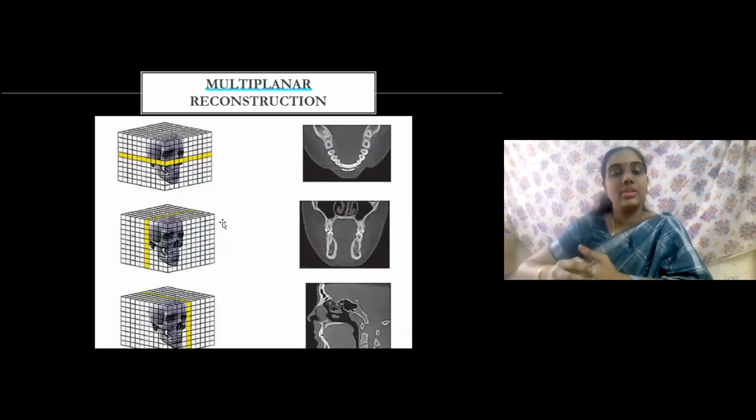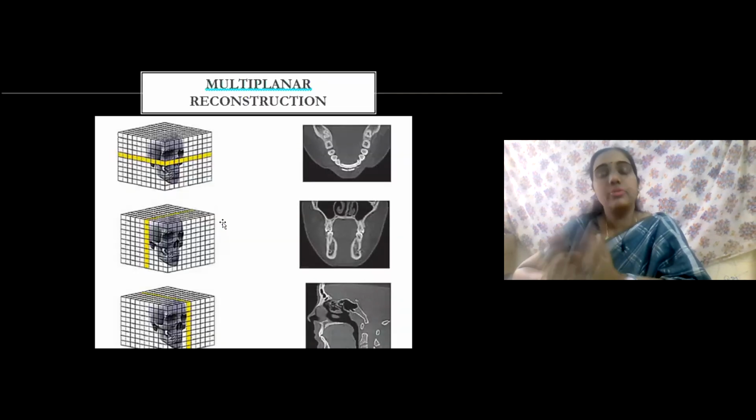After the reconstruction, the default screen which opens is an orthogonal slicing screen which contains the axial, sagittal, and coronal sections. These are known as multiplanar reconstructions, that is MPR. So once the image is acquired, the computer reconstructs it into multiplanar reconstruction where the axial, coronal, and sagittal sections are made.